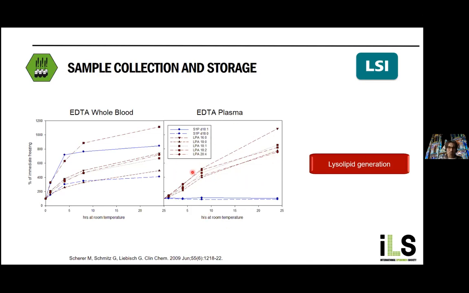Just one remark: if you have similar problems with sphingosine 1-phosphate, in whole blood, if you leave it at room temperature, you see several-fold increases within hours. And you may stop it for sphingosine 1-phosphate if you separate plasma, but not for the LPA. But you heard Junken, they have sophisticated recommendations for LPA stabilization.